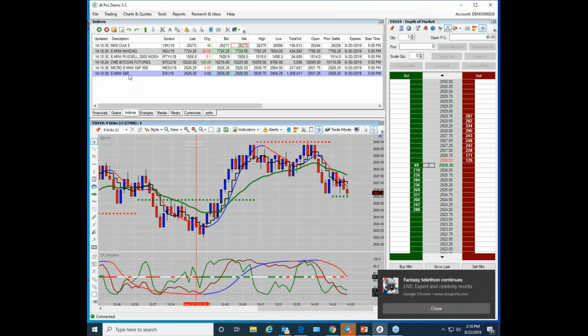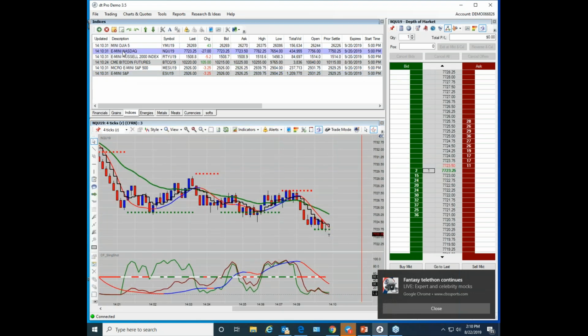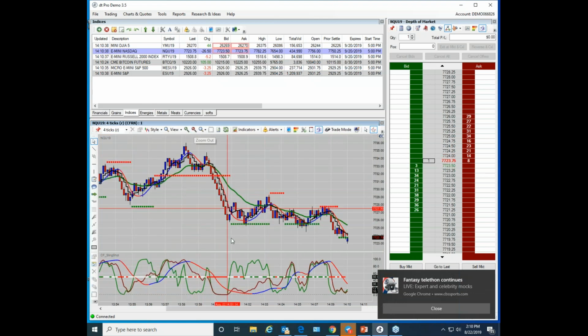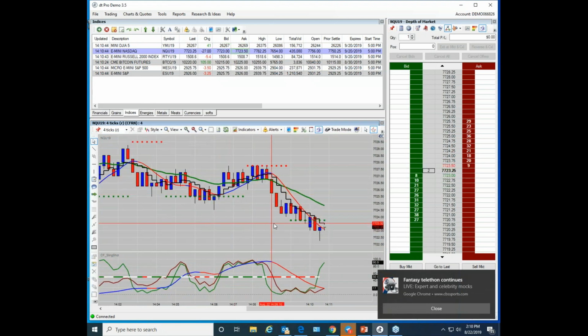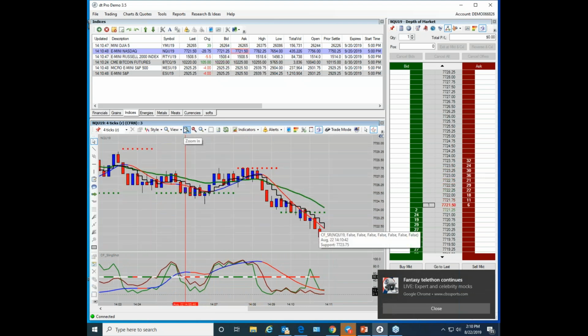Okay, let's go to the NASDAQ. That is trending. Notice how we had found support here. Dynamic support, and we finally just broke it. So this tells me, hey, if the NASDAQ pulls back, all right, so hold on.